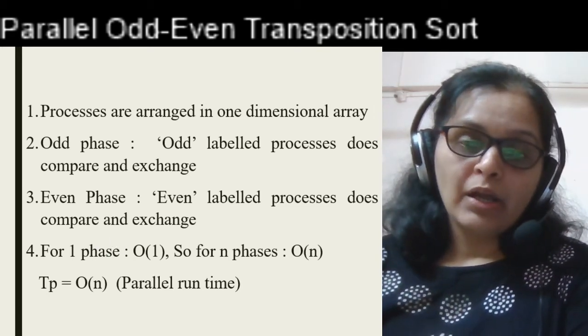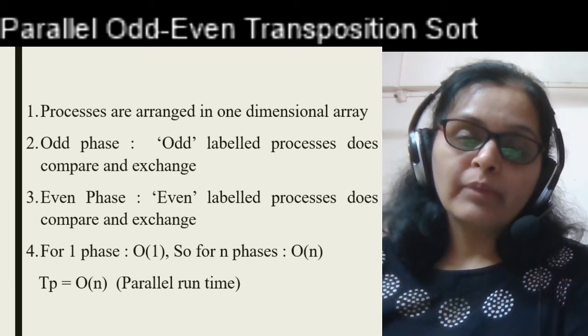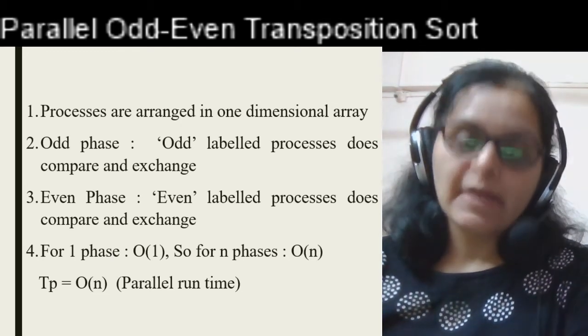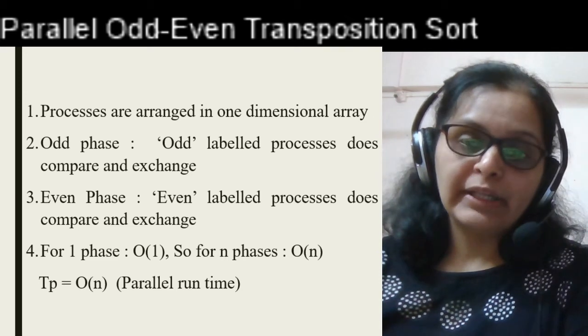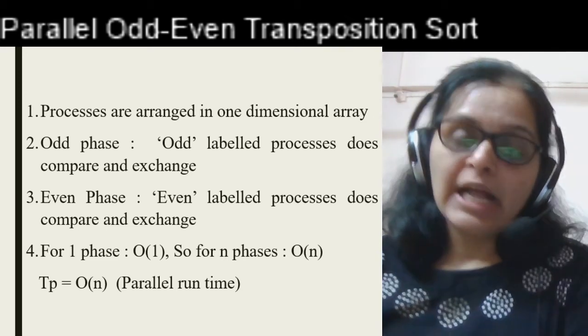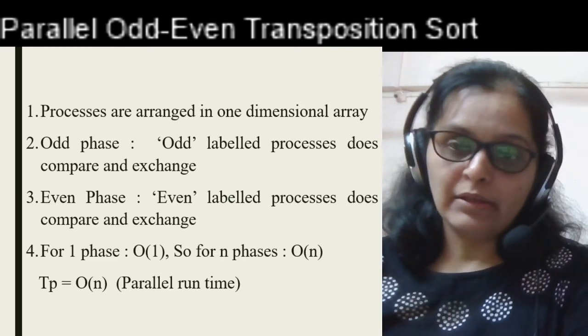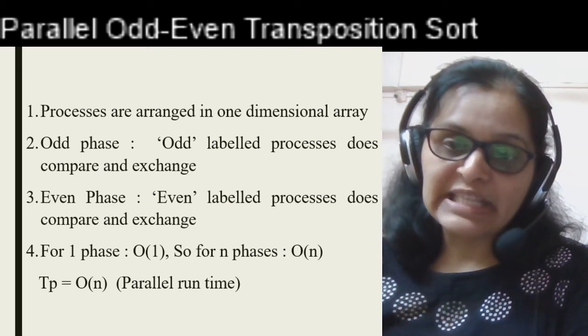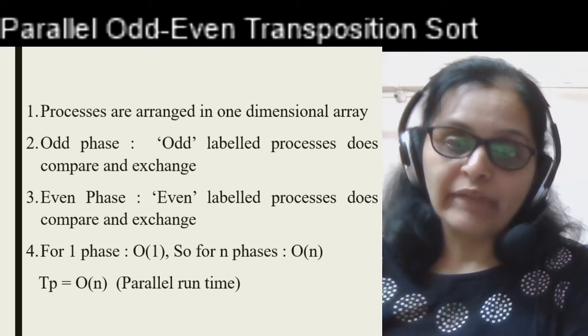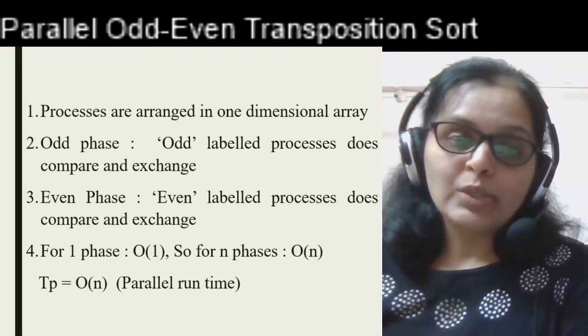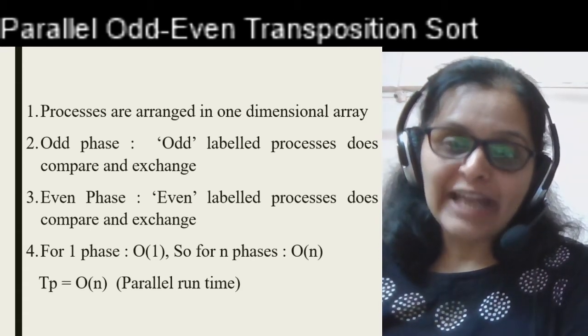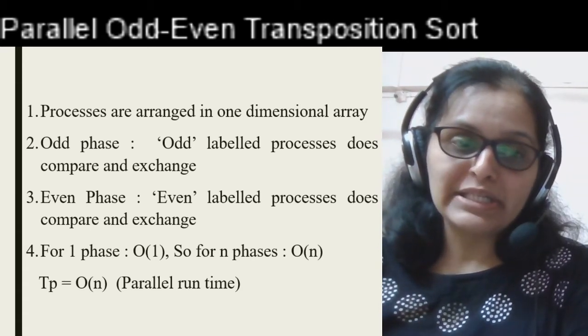Why? Because all the compare and exchange operations which are happening between the pairs of the processes, they all are happening in parallel. That is the only difference between serial and parallel odd even transposition sort. So that's why for each phase the time complexity is O(1).